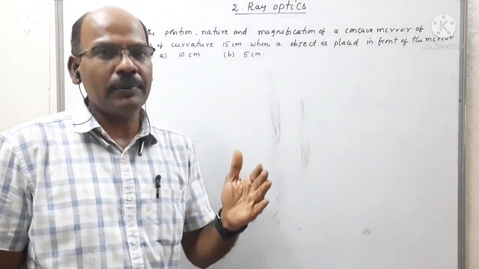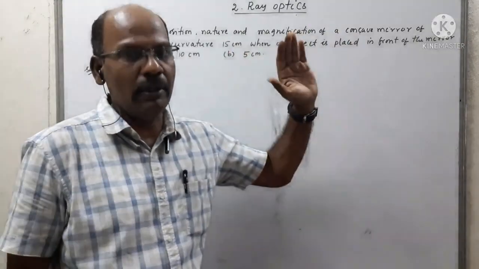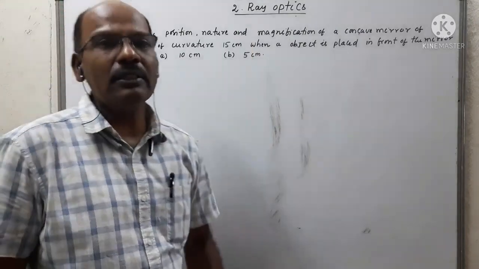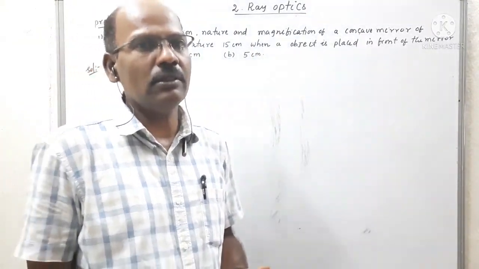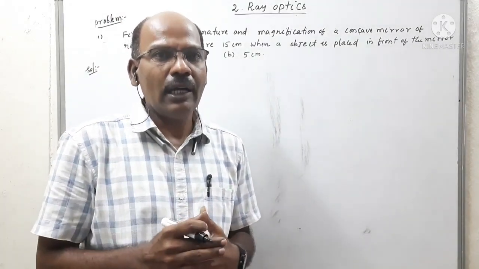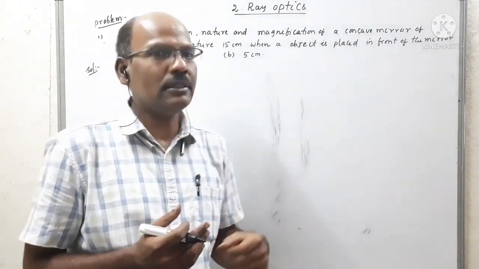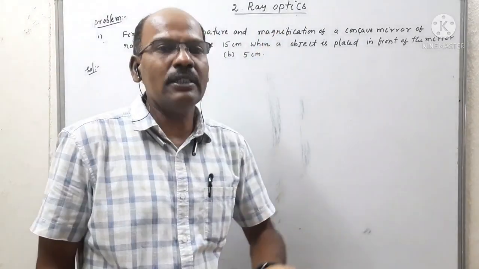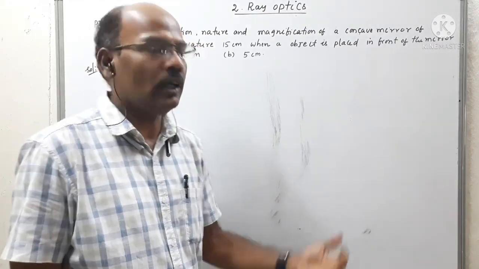So when the object is kept at a distance 10 centimeters in front of the concave mirror of radius of curvature 15 centimeters, what is the nature and position? Nature means what is the distance of the image from the pole and whether it is real image or inverted image. That is the position and nature. Magnification means what is the size of the image with respect to the size of the object.